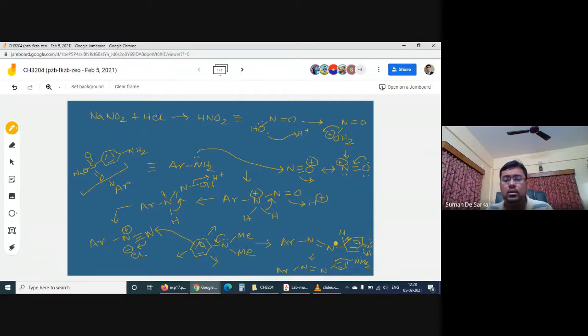Same here. Because of this long conjugation, it goes all the way up to the SO3H group of this aromatic ring. Starting from this terminal, the electron flow can go all the way to the other terminal. That's why it can give a very good color, as Professor Halder mentioned.